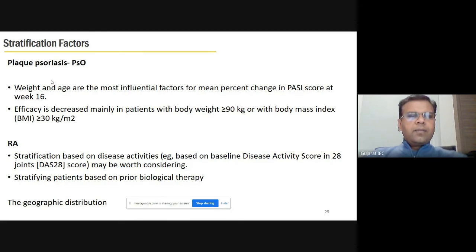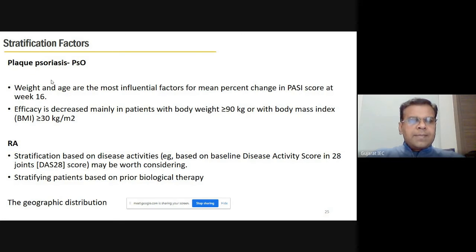As we are seeing, one of the other criteria was with respect to stratification. Adalimumab is indicated in plaque psoriasis and rheumatoid arthritis. These are the two indications in which they have done various studies. If we consider plaque psoriasis, then there needs to be a PASI score which needs to be enrolled for the study, and the treatment duration is nearly 16 weeks.